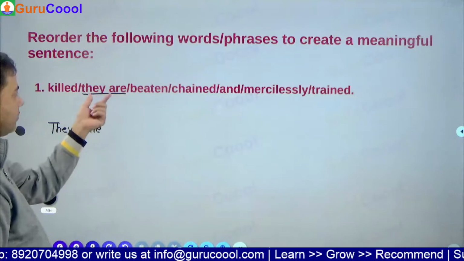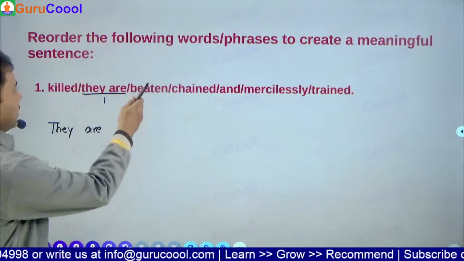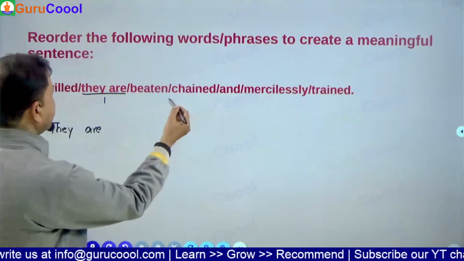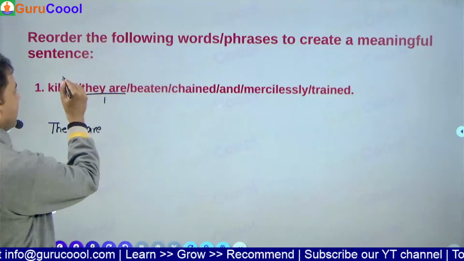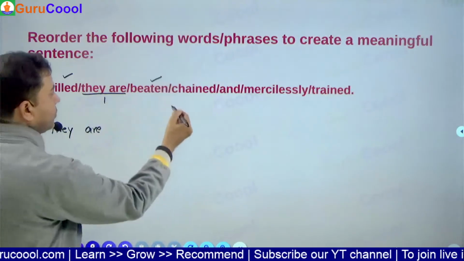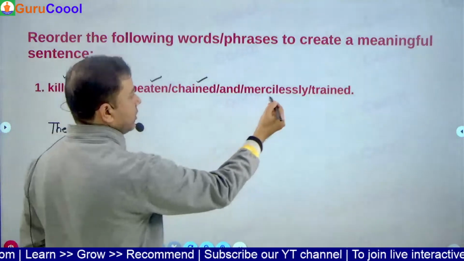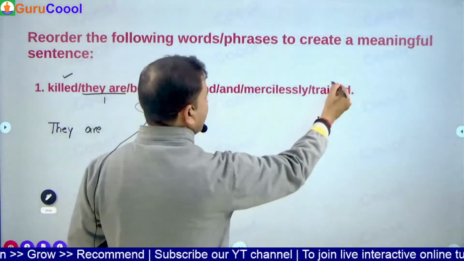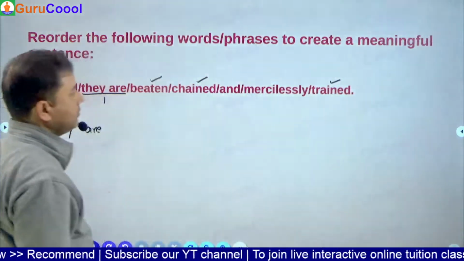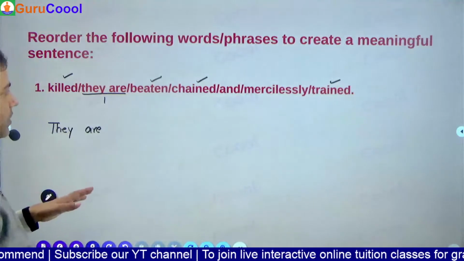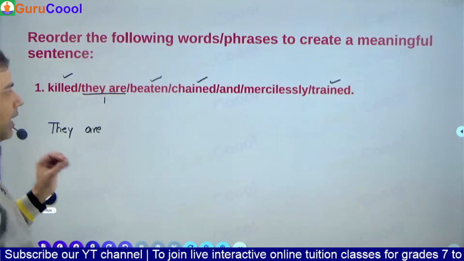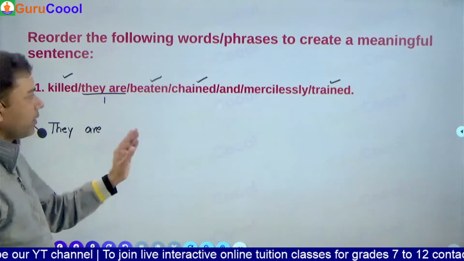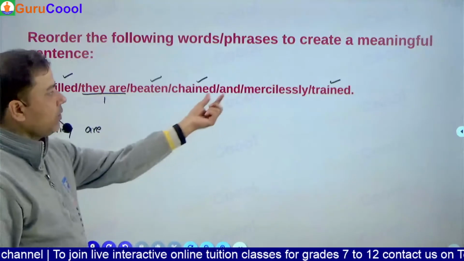They are. Now, how many verbs do you have? See, main verbs: 1, 2, 3, 4. There are 4 verbs. So arrange them wisely, separated by commas, and before the last one you have to write and.